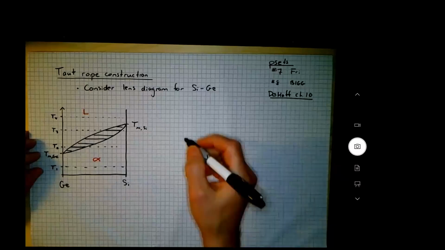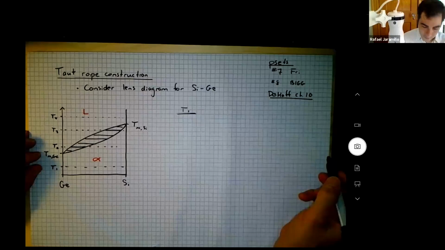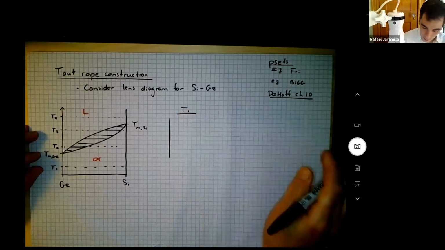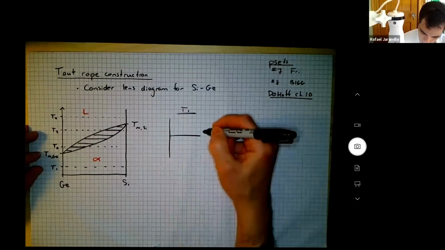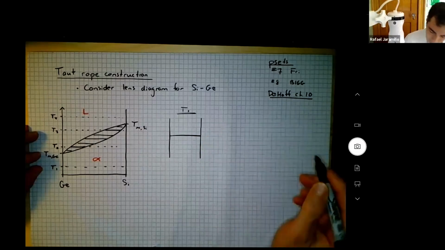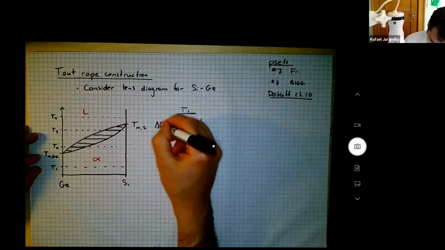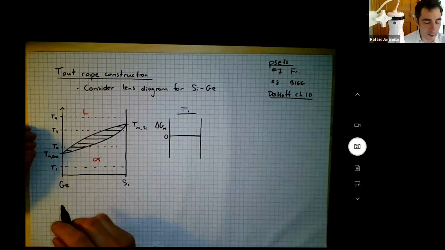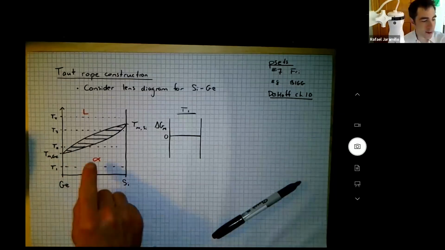So let's start with T1. So at T1, this is delta G mix. At T1, would somebody like to tell me what my solution model for the alpha phase should look like?